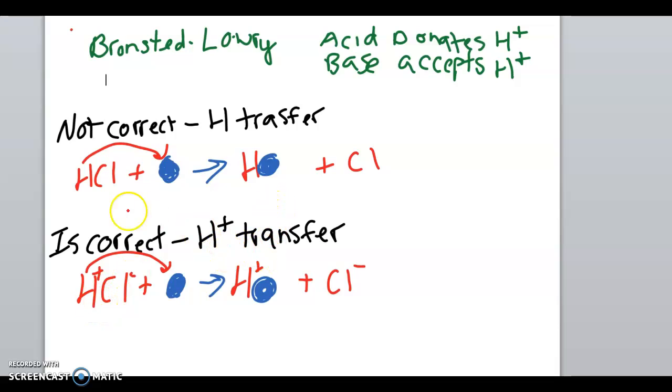So this is the correct way of showing the acid ion transfer, is that the whole H and the plus goes onto the blue blob. And so you're left over with Cl- by itself. So that was the point that I was trying to make in class.